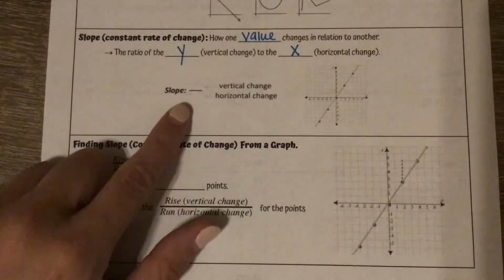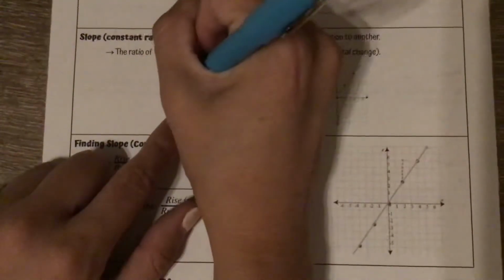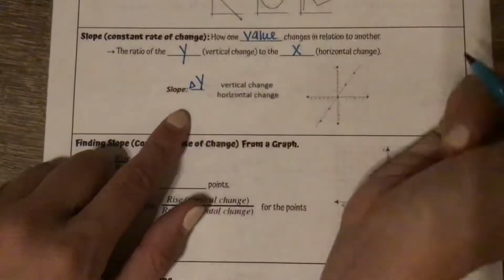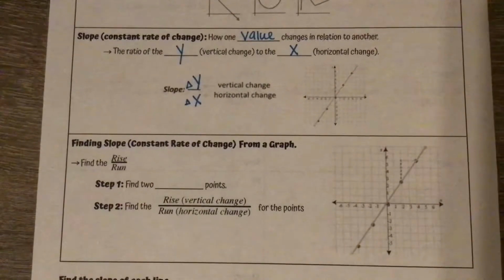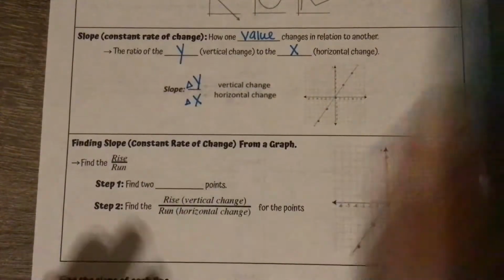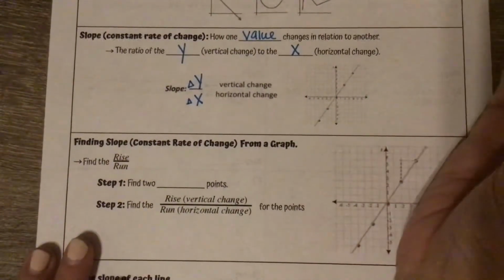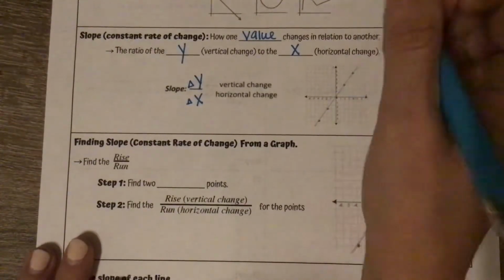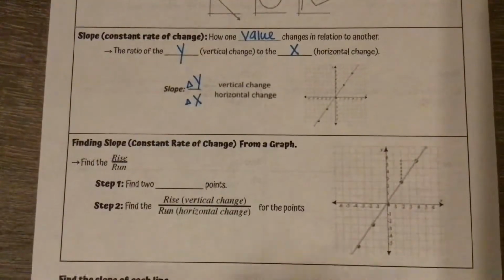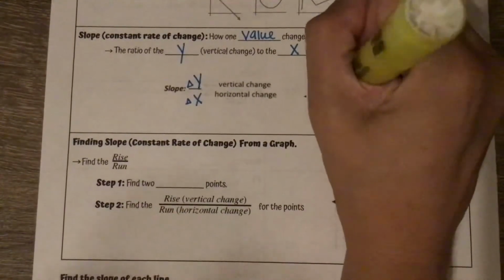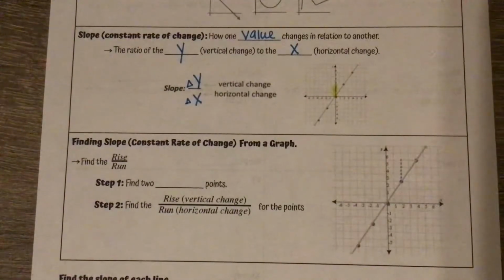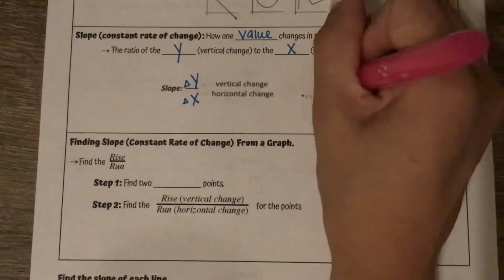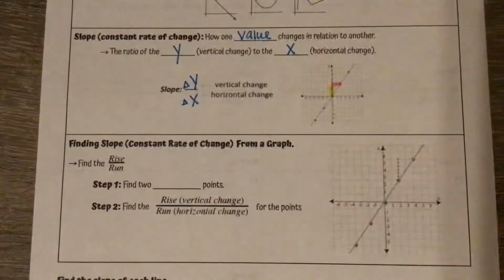So if I'm writing it shorthand, I use this delta, that means the change in y over the change in x, okay? So if we were looking at this scenario right here, it's kind of hard to see because it's pretty small, but we are looking at how much those y values change in relation to the change in x.